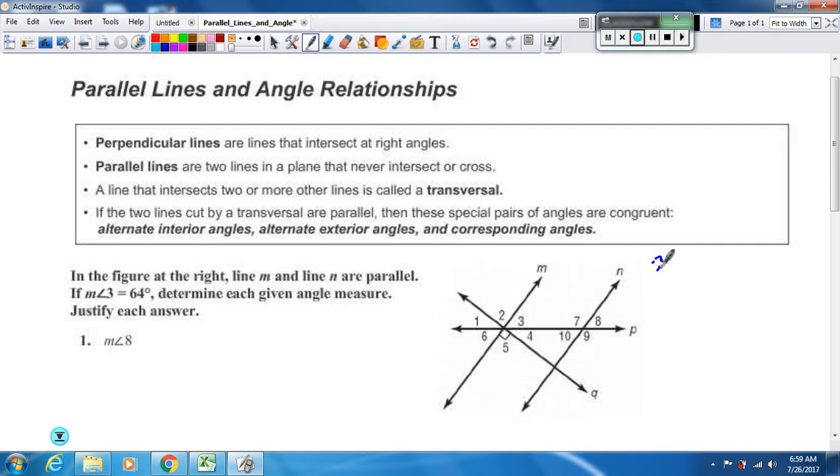So alternate interior. My pen's not working. I'll just abbreviate it like this. Alternate interior angles are inside the parallel lines and on opposite sides of the transversal.